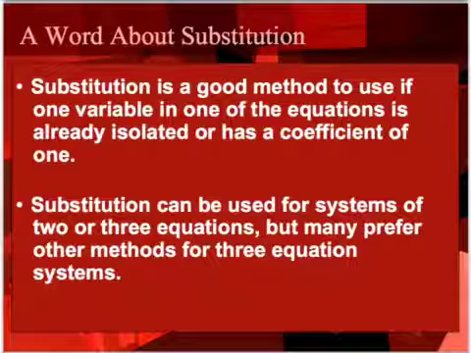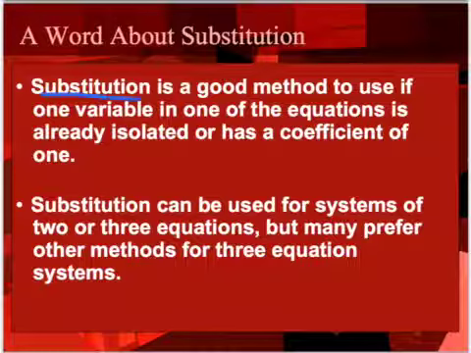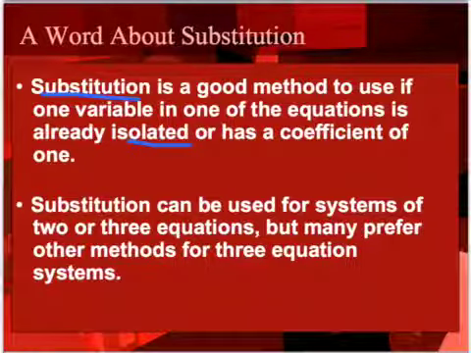So here you go. A word about substitution. Substitution is a great method to use when you have one variable in one of the equations where it's already by itself. So when you have substitution, you want an isolated variable, okay? Or it has a coefficient of 1.